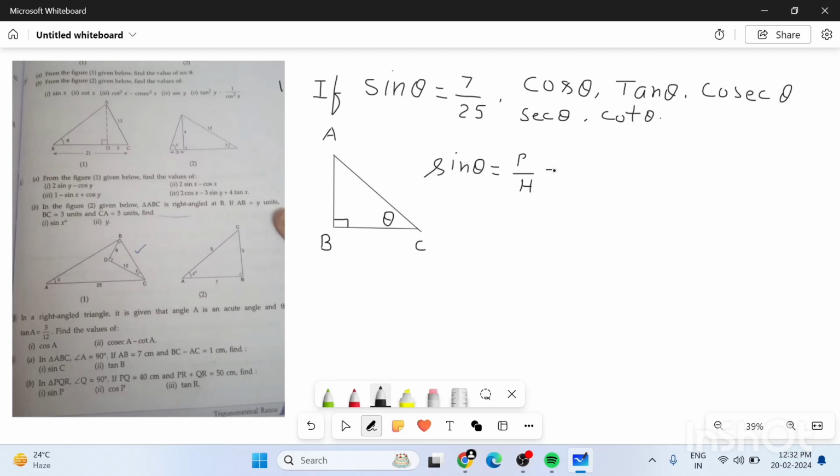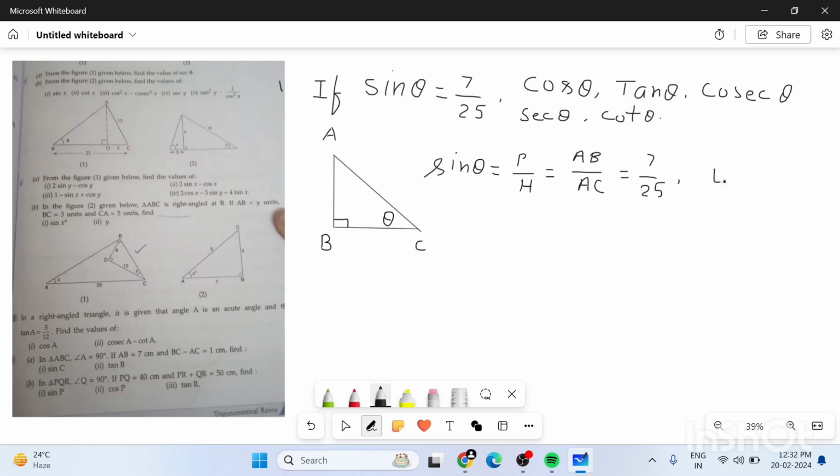Particularly in this triangle, AB is the perpendicular and AC is the hypotenuse. On comparing this with the value given in your question, that is 7 by 25, you will find that AB and AC are in the ratio of 7 is to 25.